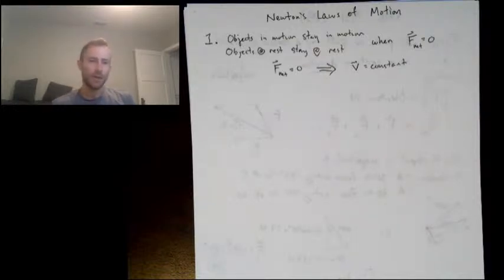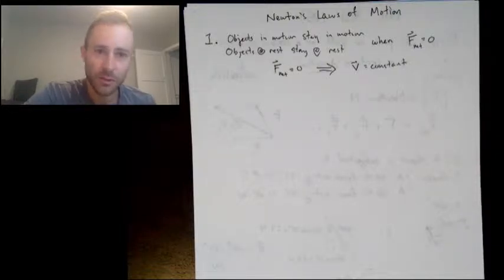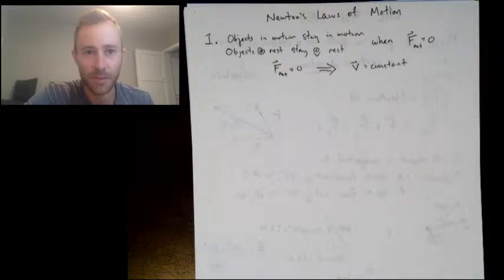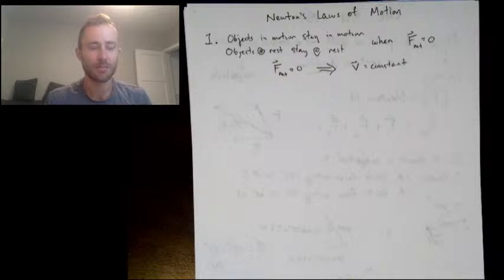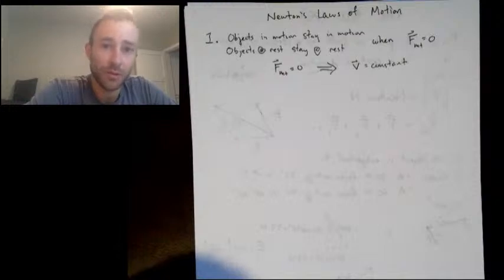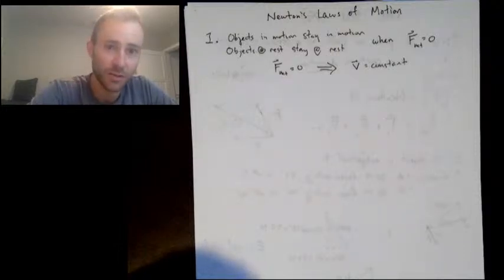All right. Now, I always like to think about why Newton's first law is true. There is no proof of Newton's first law. It's just an observation about the universe. But when I think about the alternative, that would mean that objects in motion do not stay in motion, or objects at rest do not stay at rest.